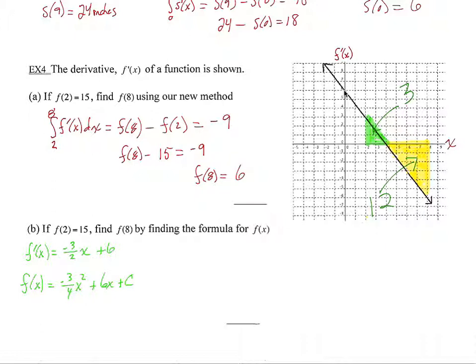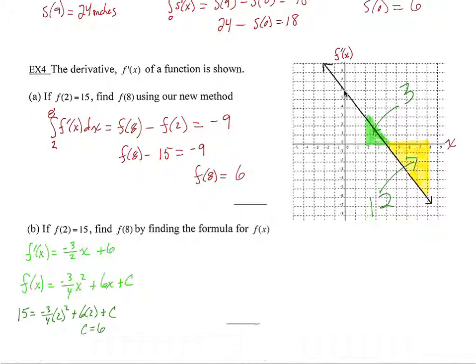And then we plug in what we know here. So if we know f of 2 is 15, well then that means that 15 must be equal to -3/4 times 2 squared plus 6 times 2 plus c, and in solving this we can figure out that c must be 6.